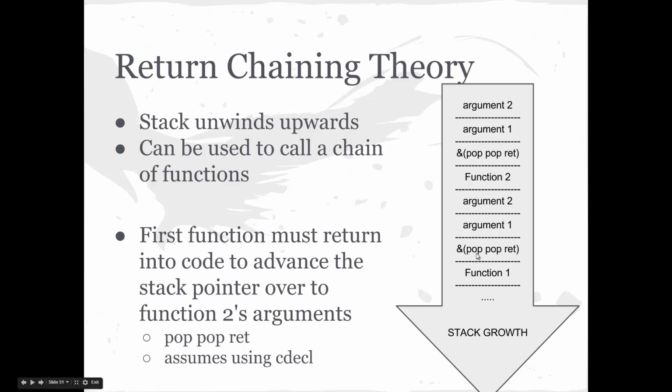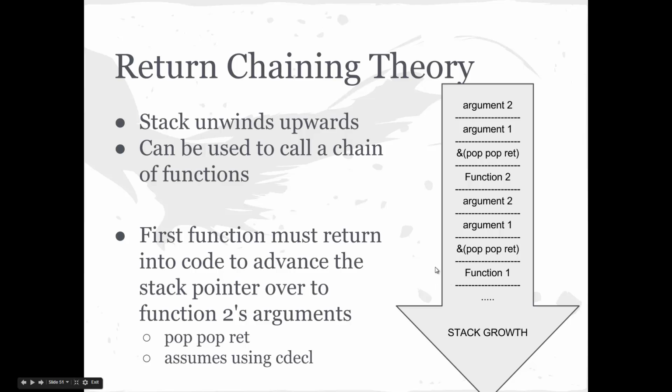It's going to call a number of pops to pop the values off the stack and then return to a function pointer that we want it to execute next. The number of pops in your gadget is going to match the number of arguments you've pushed for this given function.